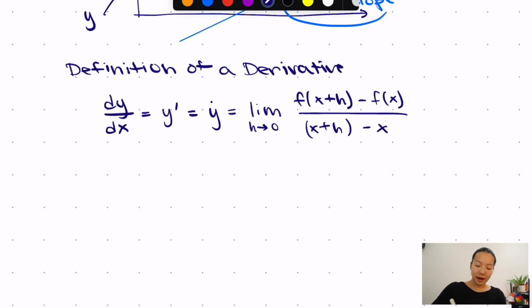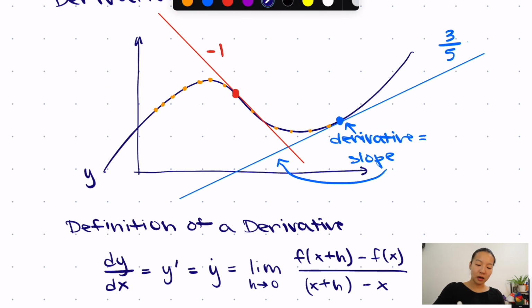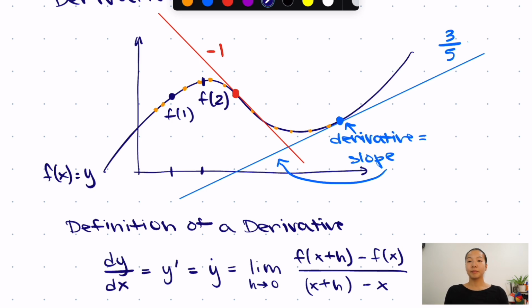So let's say I have some function, and I know I just called it y, but this function can also be written as f of x, right? That's just a different notation. I'm going to call this function f of x. And if this is 1, then this point here on this function is f of 1, right? And so if I take one step over, then over here it'll be f of 2.